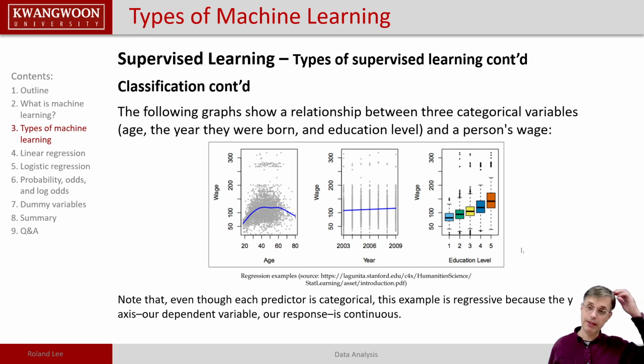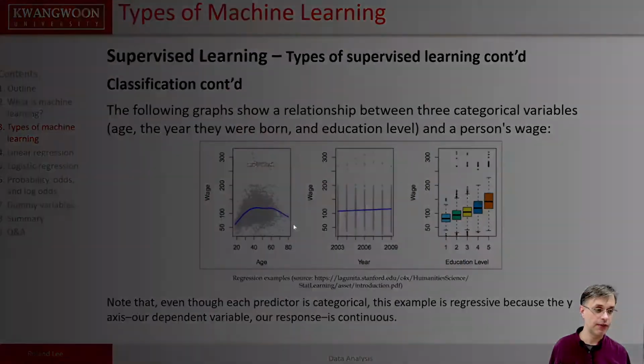You can note here that even though each predictor is categorical, this example is regression because the y-axis, our dependent variable, our response, is continuous. Our earlier heart attack example is classification because the response was, will this person have a heart attack within a year? So we have two answers, yes or no.